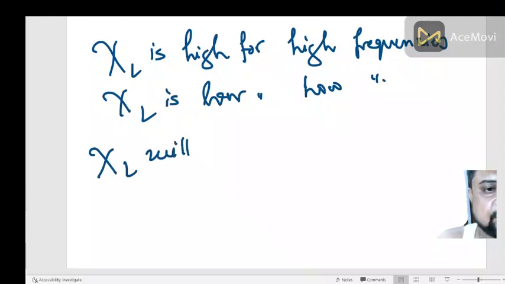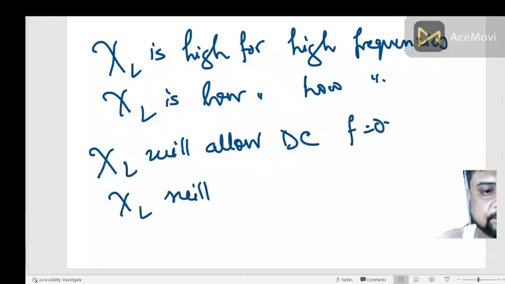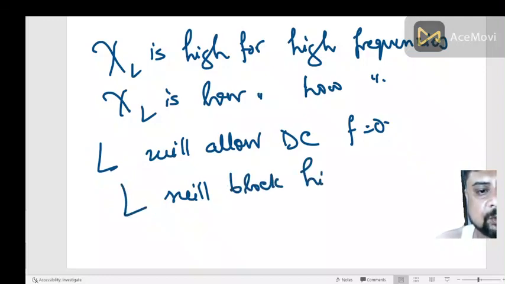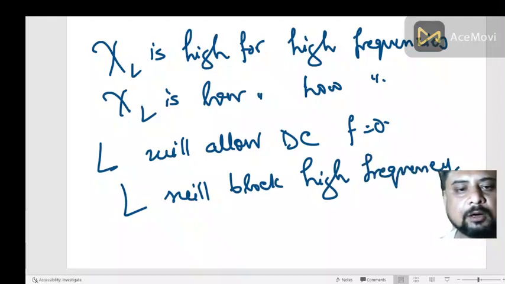So the inductor will allow DC, which has zero frequency, and will block, not XL, it should be L, inductor L. Inductor will block high frequencies, and this is the most important aspect of an inductor filter, that it blocks very high frequencies.